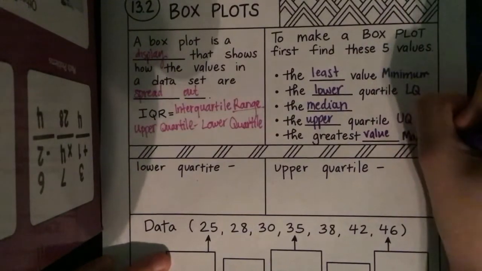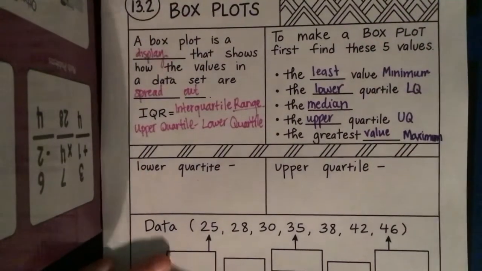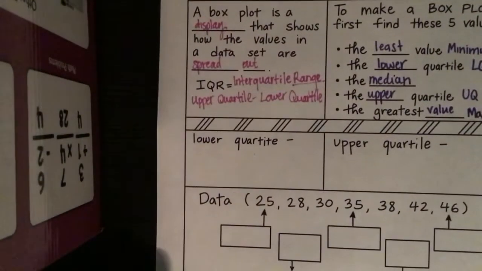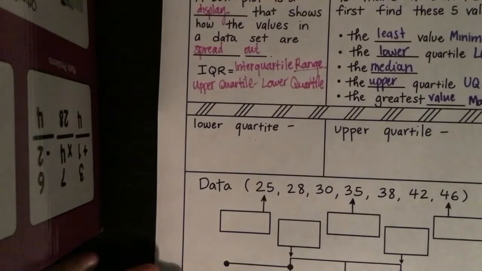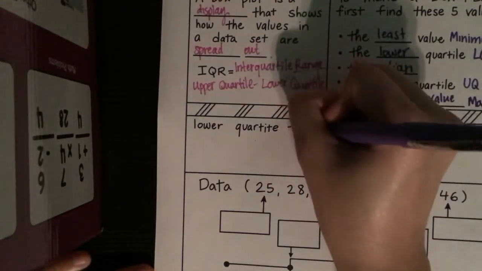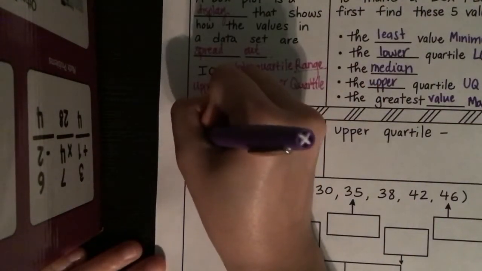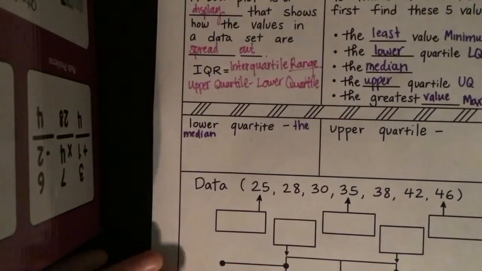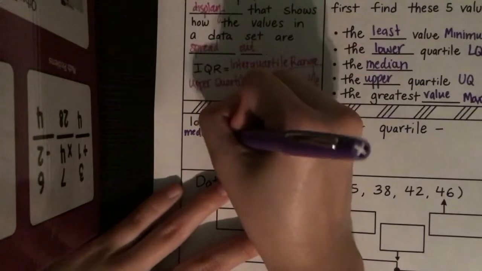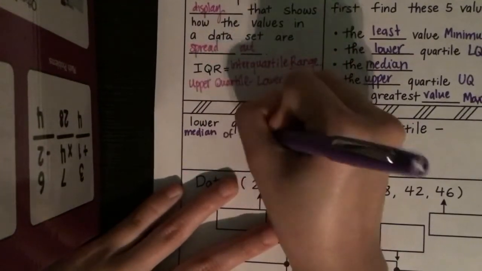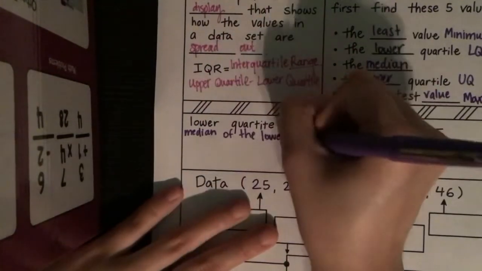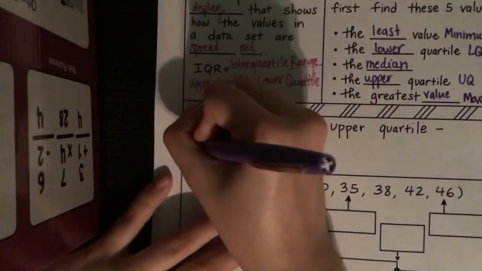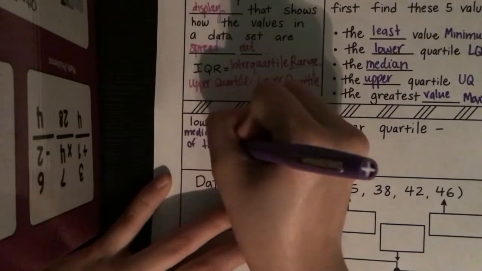Right, so let's review really quick what the lower quartile and upper quartile values are. The lower quartile is the median of the lower half of the data.